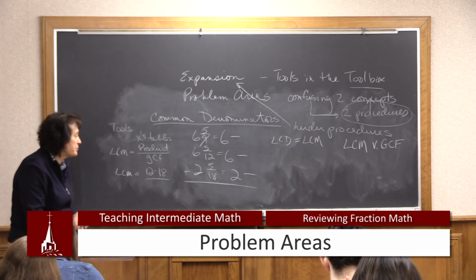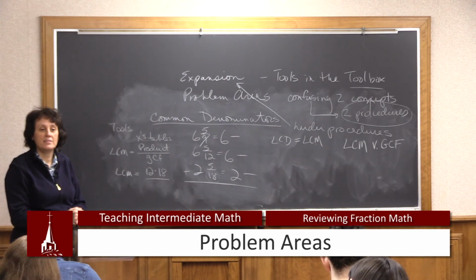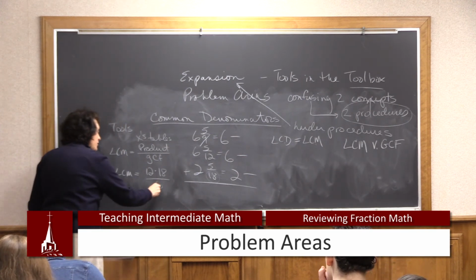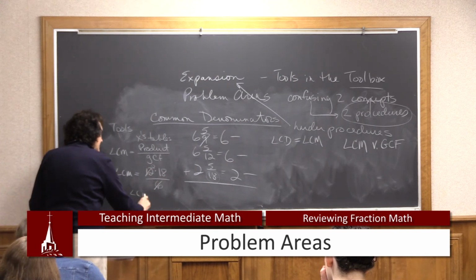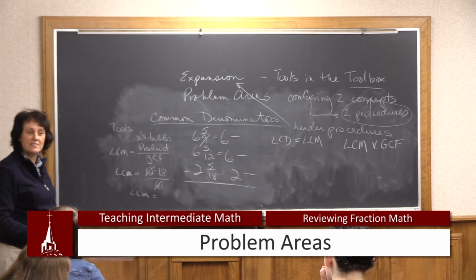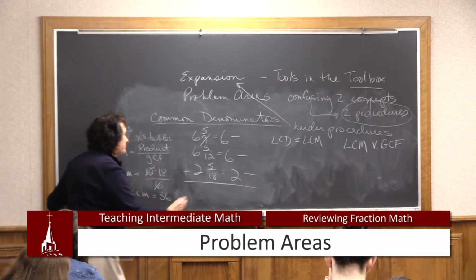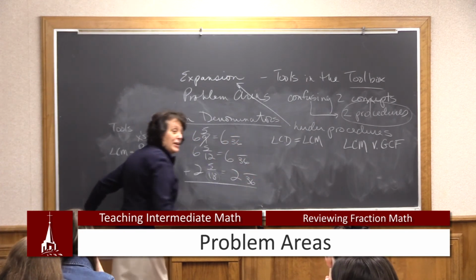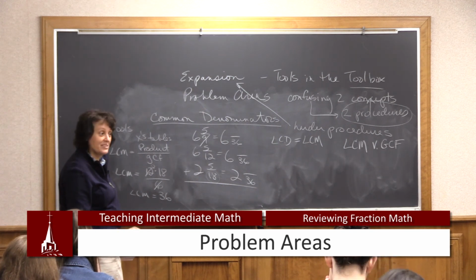What's the greatest common factor between 12 and 18? What do they both have? 6. Right? So then I'm going to reduce this. So my least common multiple is 36. Staring at the 18 and the 12 for 5 minutes is not going to come up with the 36, is it?